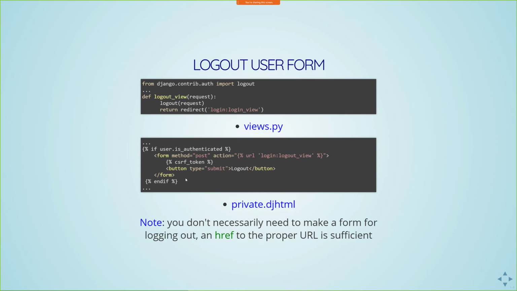So I could go to private.html, and I could do this a few different ways. One way is I could add a form with a button, and it will be a simple form. I don't really need any input to it. I just need a button. Or I could even just add an href that goes to the right URL. So I'll create a little form with a button.